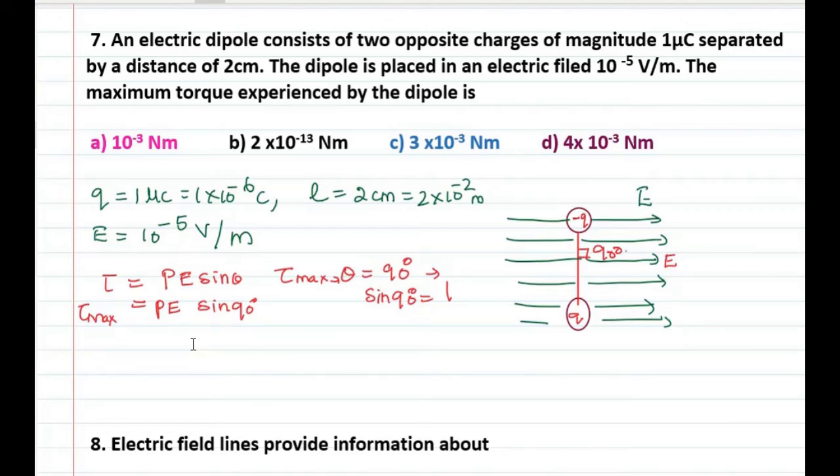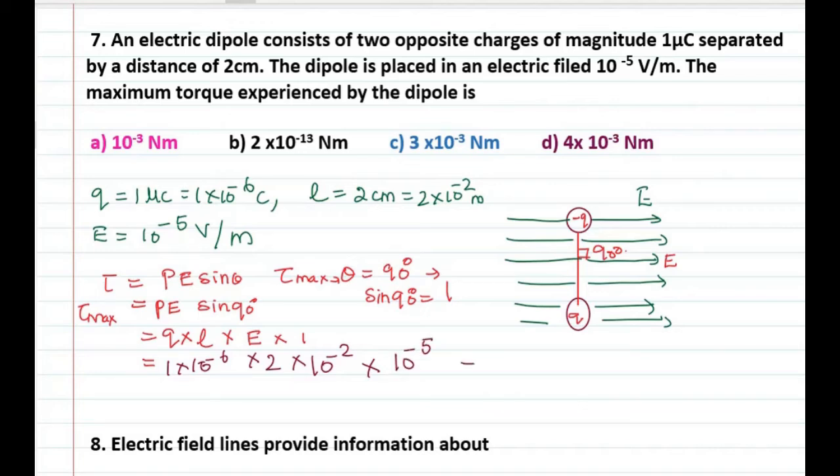Okay, now substitute the values. What is P? P is the dipole moment. So dipole moment is Q into L, into E, into sin 90, which is 1. Now substitute. Q is equal to 1 into 10 to the power of minus 6, L is 2 into 10 to the power of minus 2, E value is equal to 10 to the power of minus 5.